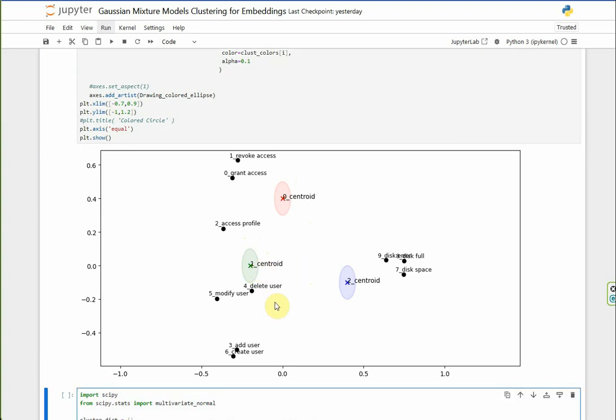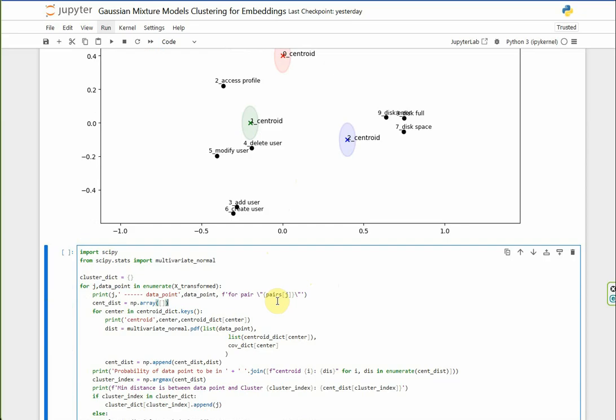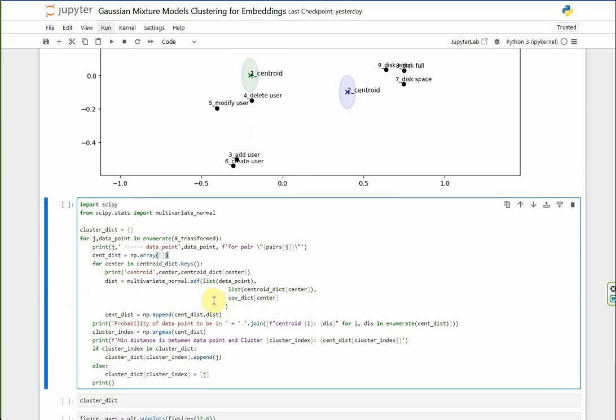After we understand how the clusters are now represented in the case of Gaussian mixtures clustering, we need to change the code for the cluster assignment step. Previously, we were using Euclidean distance as a measure of similarity. Now we use Gaussian probability, or the probability produced by the Gaussian probability density function, as our measure of similarity. In contrast to distance, the higher the probability, the higher the similarity.